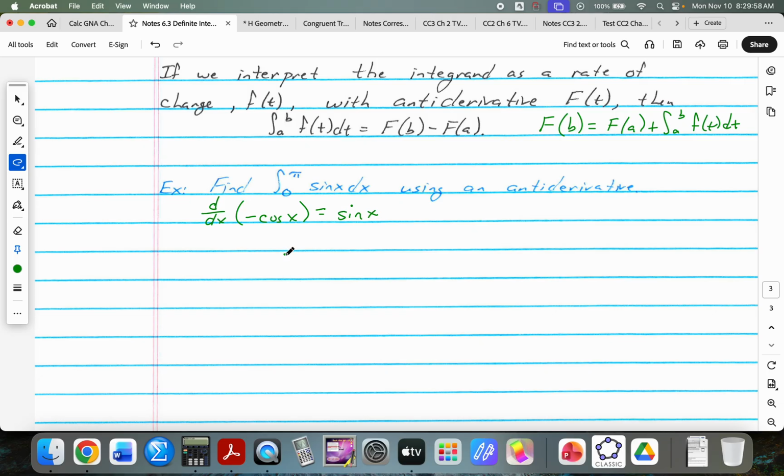So what this means is that the integral from 0 to pi of sine of x dx is going to be equal to negative cosine at pi minus negative cosine at 0.